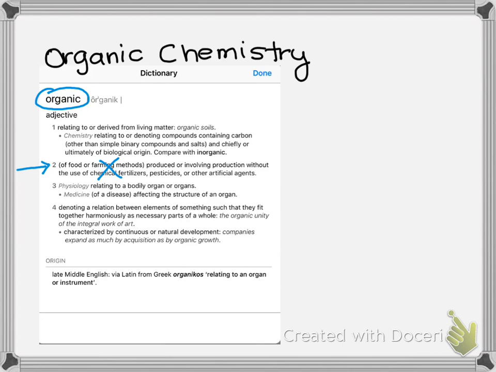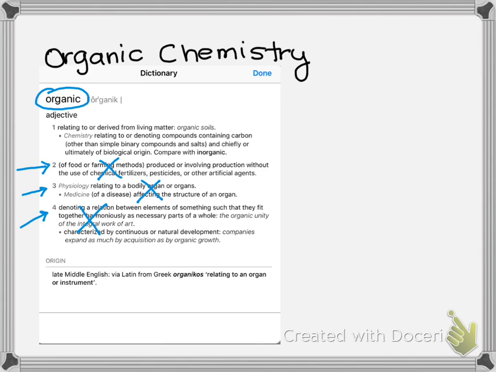You might talk about 3, relating to bodily organ or organs. While organic chemistry is involved in these things, this is not the definition of organic chemistry. Or here, in business, they might say that something was organic, denoting a relation between the elements of something such that they fit together harmoniously.